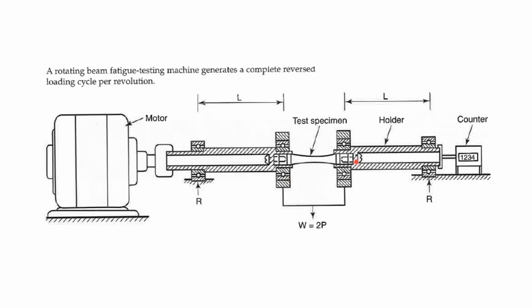Your test specimen is right here, your holder right here, your counter right here, your motor right here. Then this is your length, and your width is right here. They're just showing you that this rotating beam fatigue testing machine generates a complete reverse loading cycle per one turn.